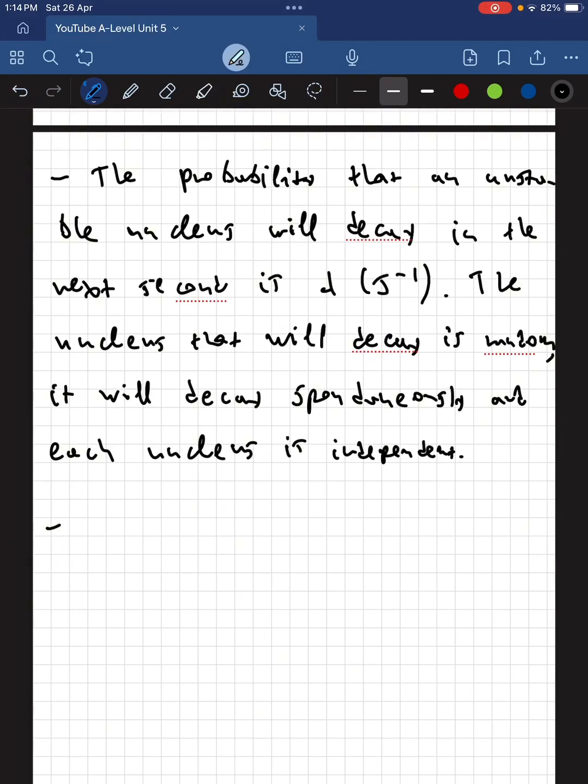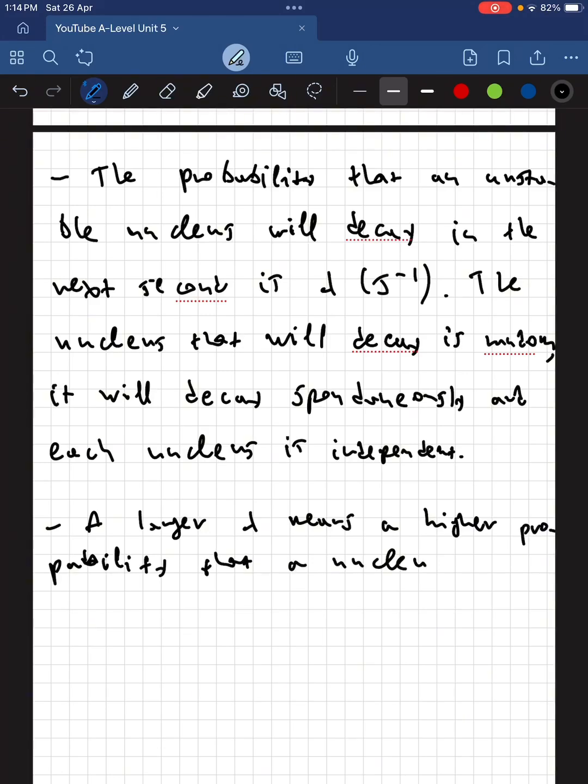A larger lambda means a higher probability that the nucleus will decay in the next second.